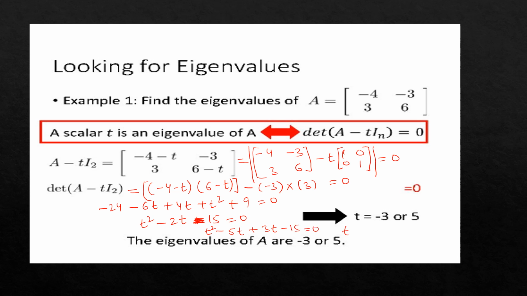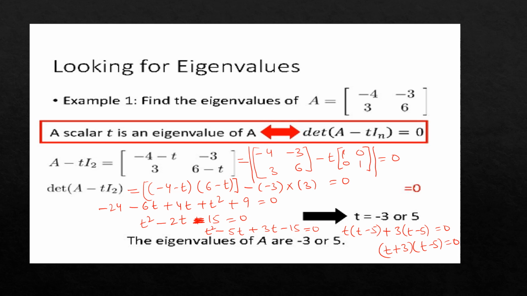This gives me (lambda minus 5) times (lambda plus 3) is equal to 0. So you'll get lambda as minus 3 and 5. This is how you can calculate the eigenvalues.